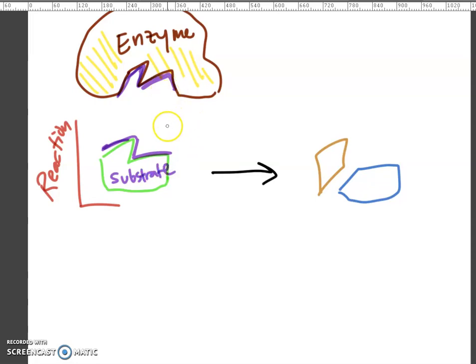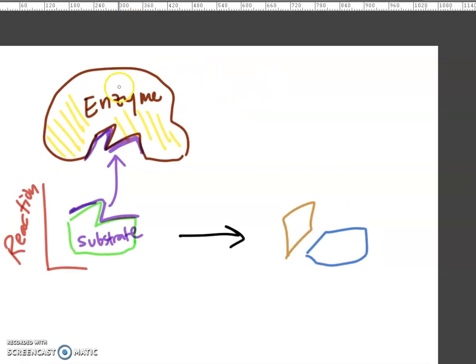So what this means is this substrate is going to fit into your enzyme, so that your enzyme and substrate are going to come together and look a little bit like this. So there's substrate, and this is your enzyme.